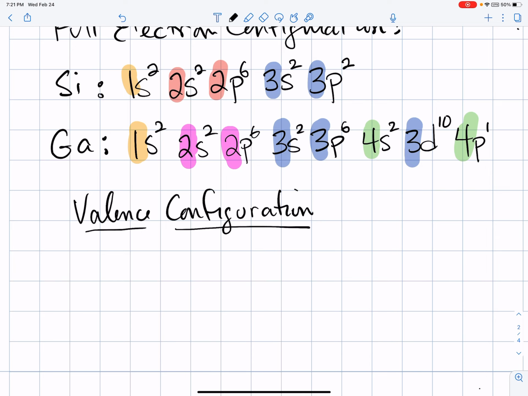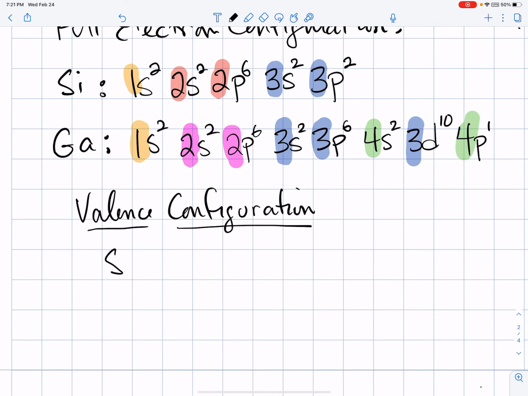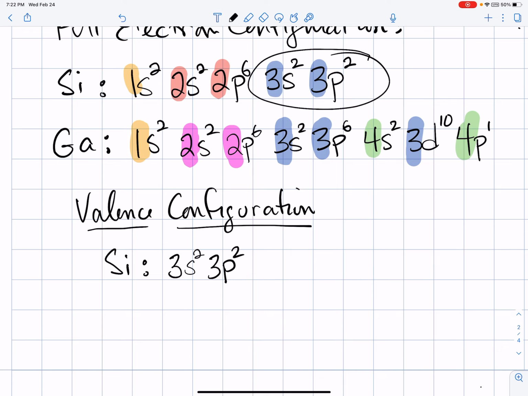So when you look at silicon, if you're wanting to write its valence configuration, you notice that level 3 is the highest energy level for silicon, right? So we're going to simply write down the part of its configuration that's in level 3. For silicon, it would be 3s2 and 3p2. Those are the two pieces that are in level 3, the highest principal energy level for silicon.